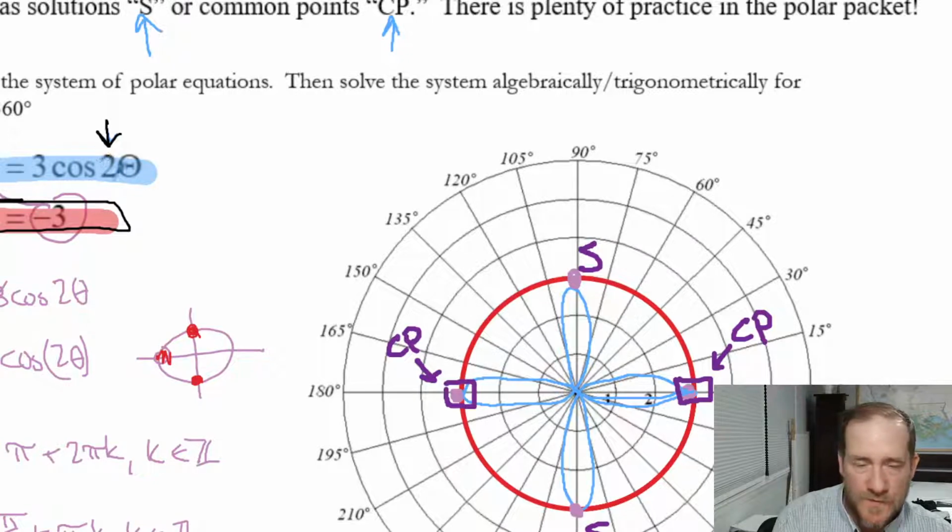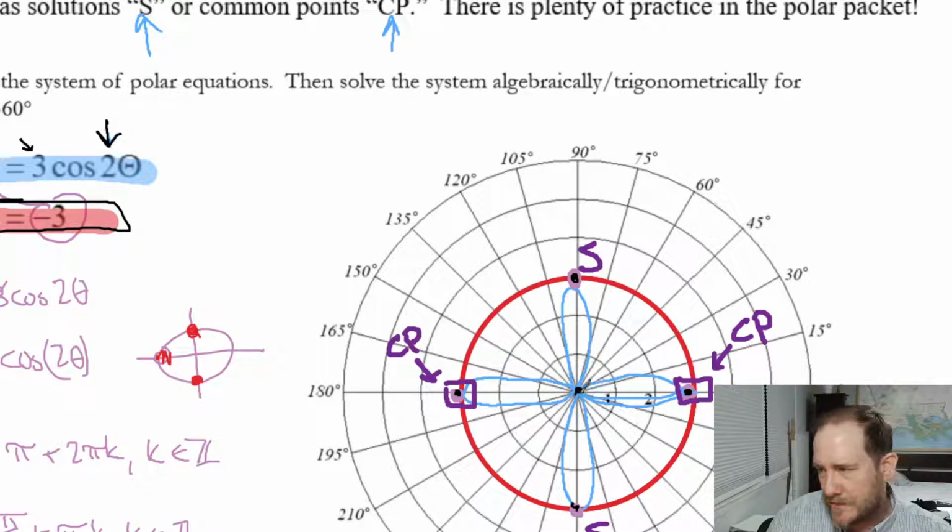We're talking about 4 petals, because when this number is even, you double it to find the number of petals. And every petal has a radius of 3. We also know that because we're cosine, our first petal will be symmetric over the x-axis. So I knew I could go out a distance of 3, and then 90 degrees later, 3, 90 degrees later, 3, 90 degrees later, 3, and I'd get these 4 petals that just ran around.